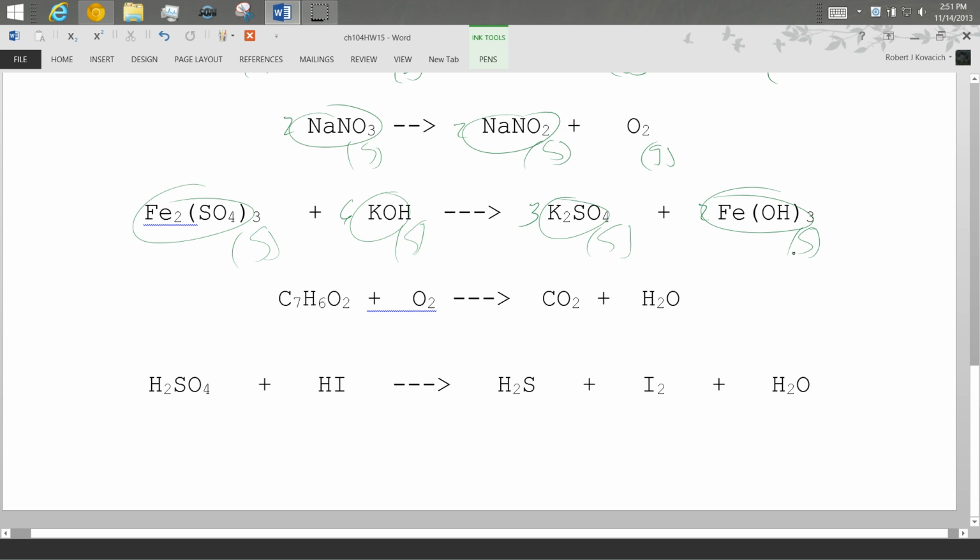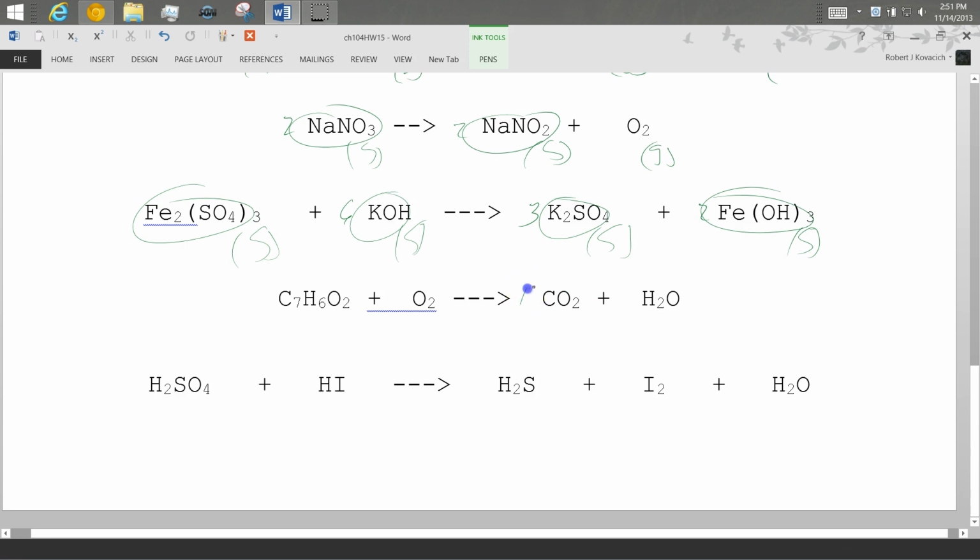Okay, next one, 7 carbons. So let's make 7 CO2s and 6 H's. So let's put 3 water molecules there. It's going to be a problem, isn't it? It's going to be a problem because I'm going to have to double.